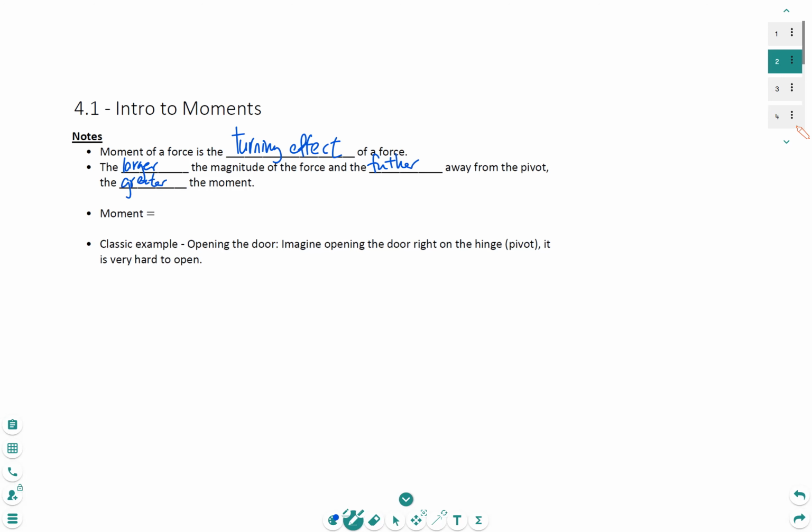So when you apply a force to something that is turning, that generates moment. Moment is not something you can see, but you can sort of feel or sense. When you apply a force turning something, that's the moment.